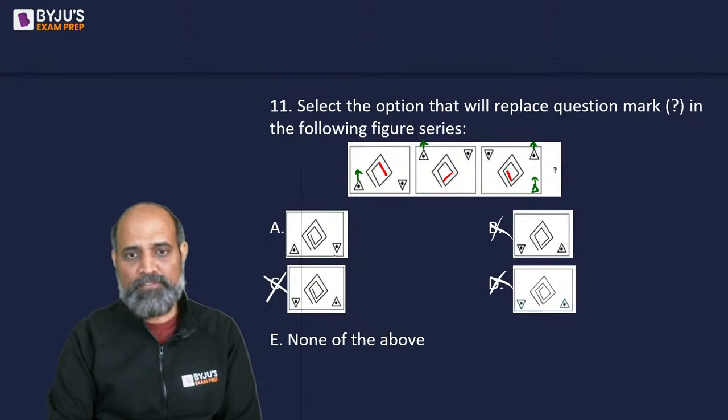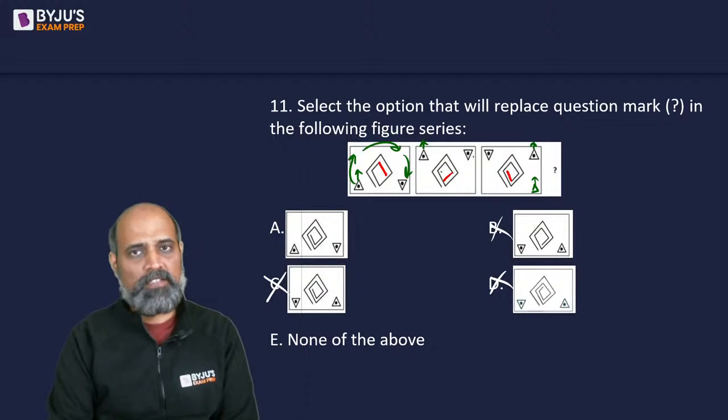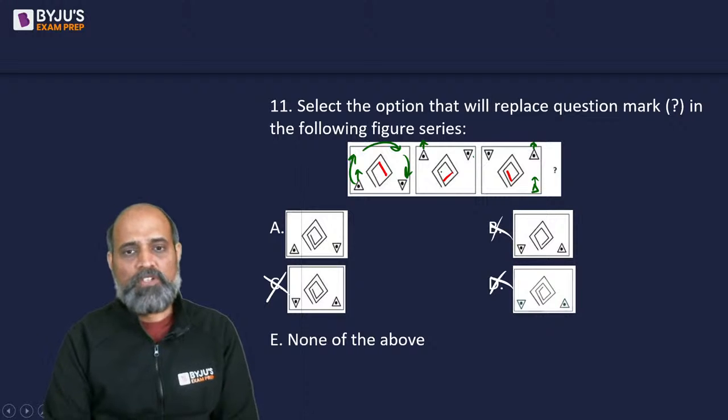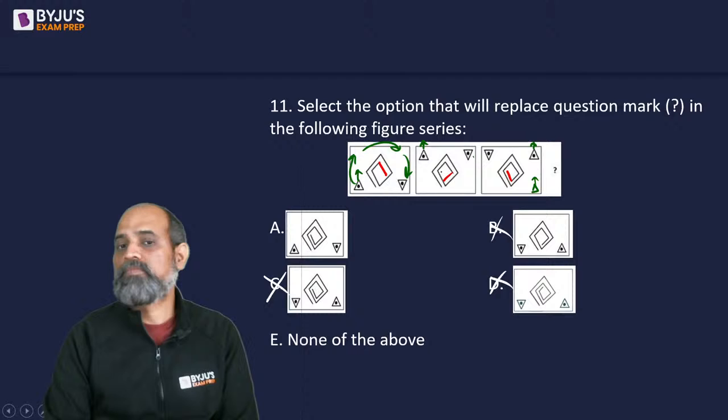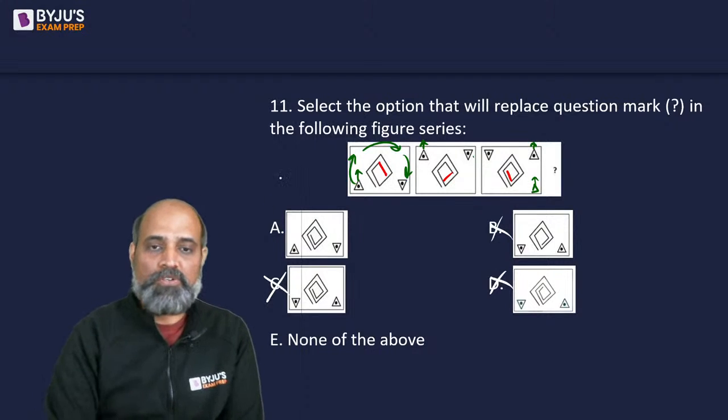So do we have it here? This one went from here to here, this one went from here to here, then this will go from here to here. Obviously, no. Do we have that in A? No. Right? So A is also not our answer.